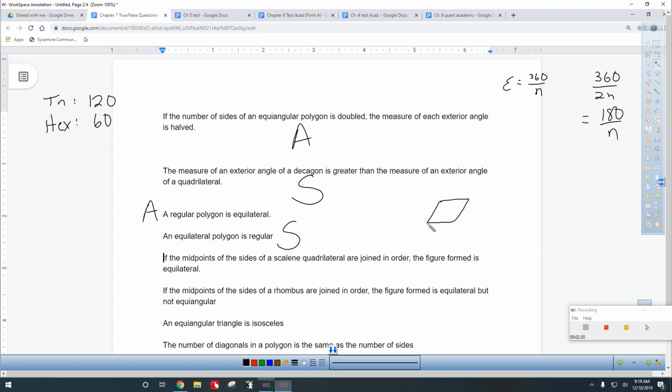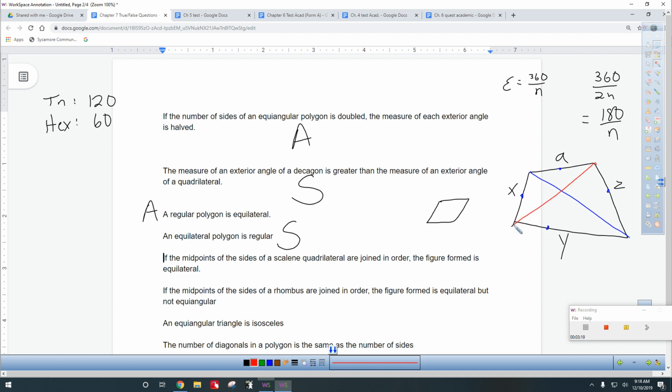If the midpoints of the sides of a scalene quadrilateral are joined in order, the figure formed is equilateral. I think that's never true. If I have x, y, z, and a, if the midpoints of the sides, and I join the sides, I know that this blue diagonal is not going to be the same length as this red diagonal, although could it be?